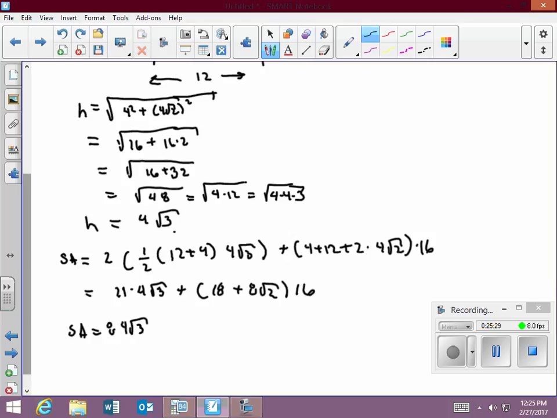Square root of 3. I don't know if I can remember all that to put it in the calculator.